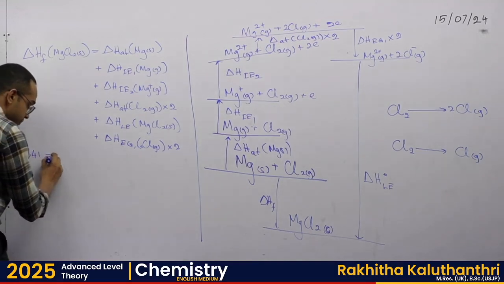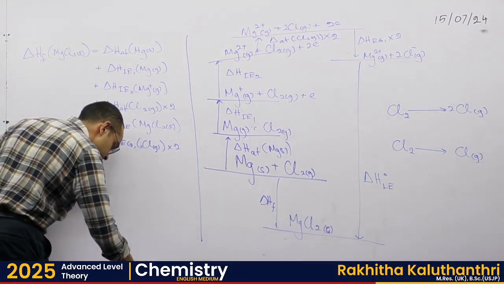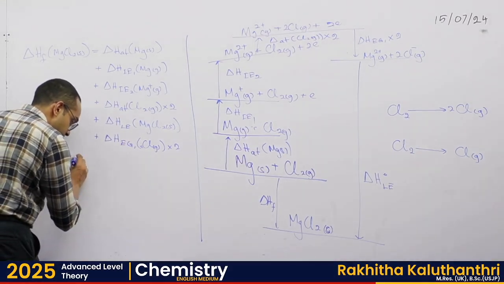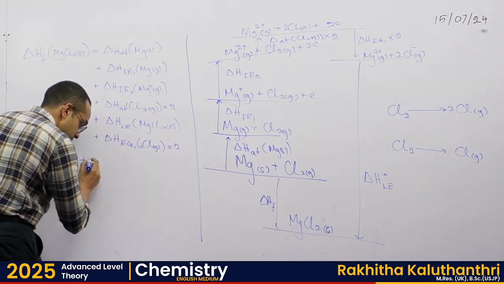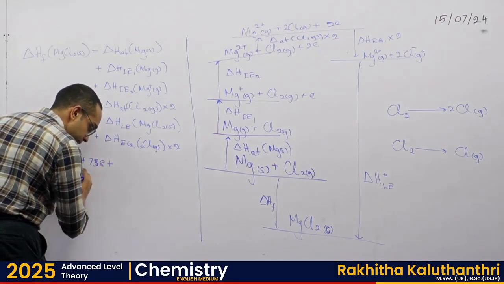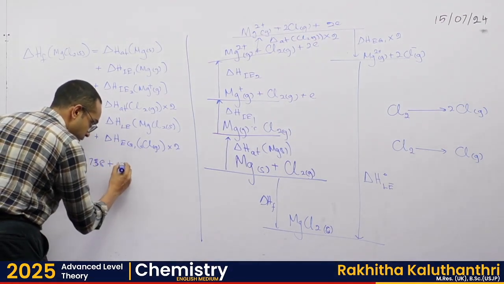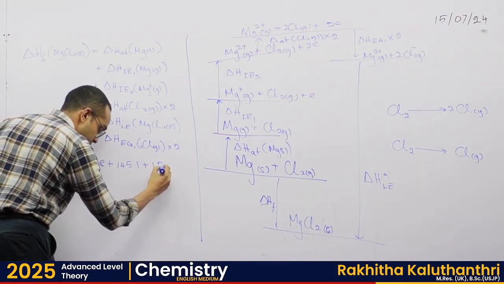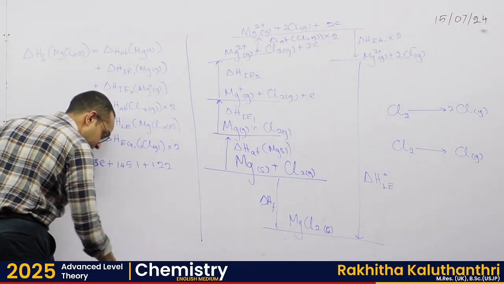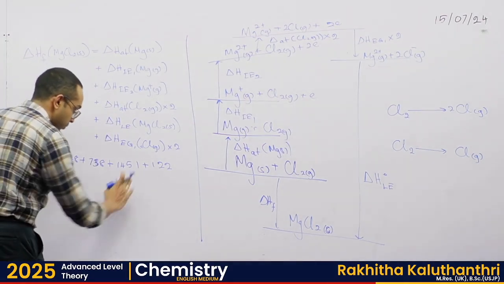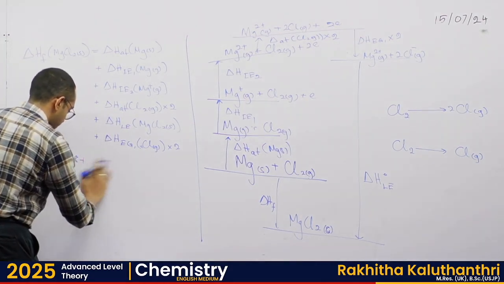That is equal to enthalpy of atomization of magnesium plus 148 plus 738 plus 1451, 122, and then lattice enthalpy is going to be, oh, bear with me a second, students.